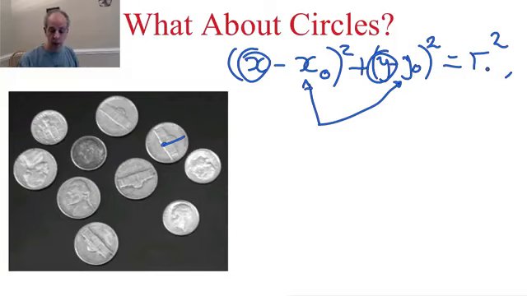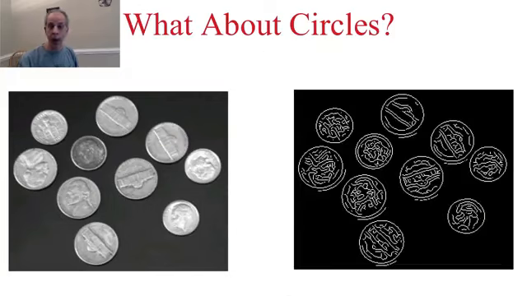So let's just illustrate one example. Here we have the edges, and I want to repeat that once again. Every point here will vote for multiple centers and multiple radii. We can, of course, limit the centers because we know the dimensions, and we can also limit the votes for the radius because we know how large the objects can be in the image.